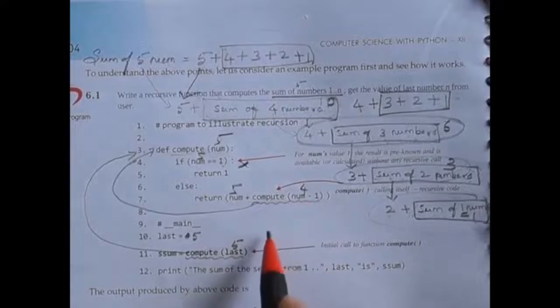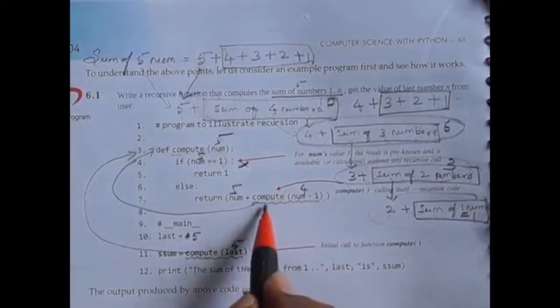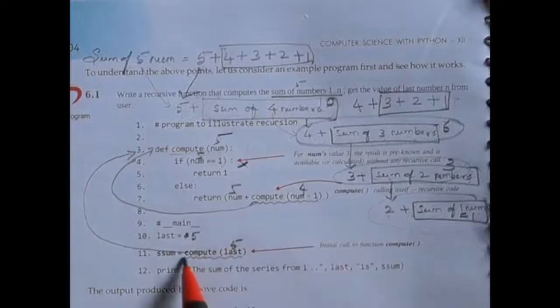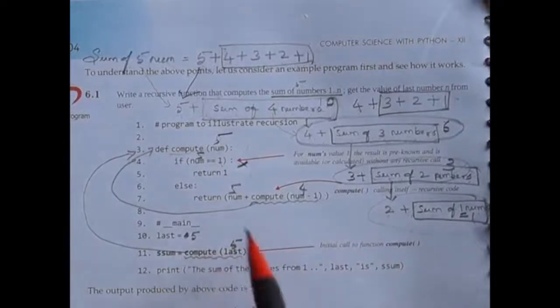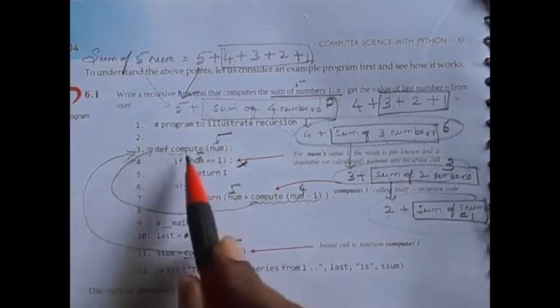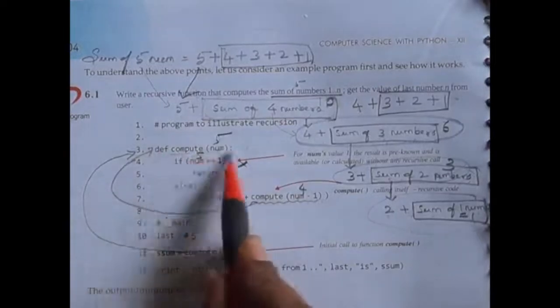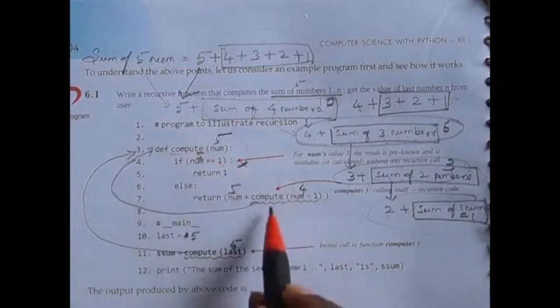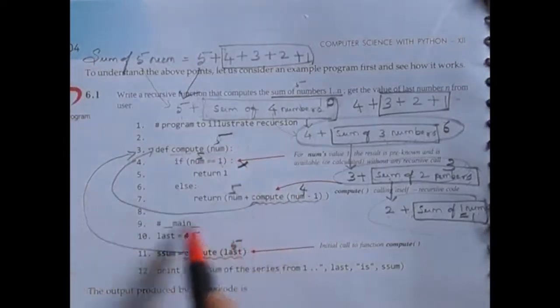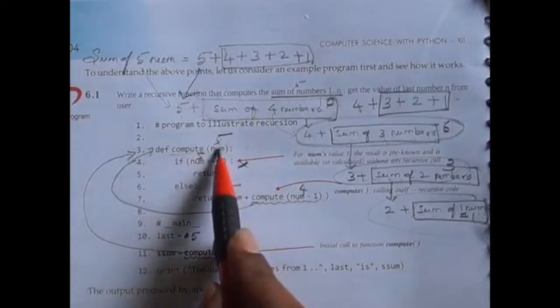Compute 4 function. Okay. So this is also a call statement. This will call this compute function. Understand? Okay. So last time it executed compute 5 and now it's going to execute compute 4.